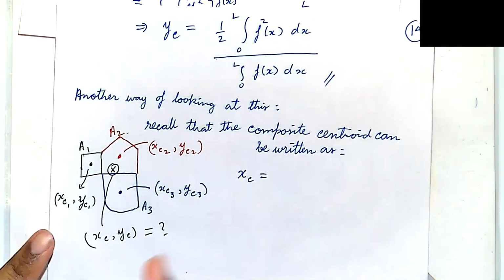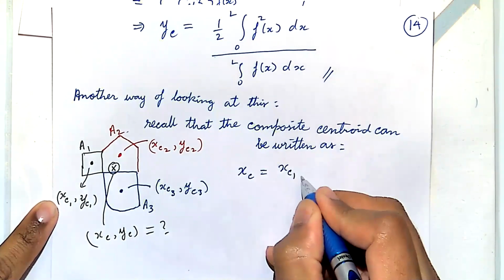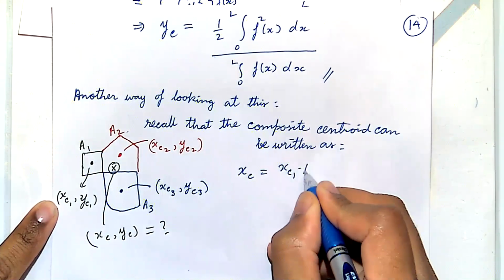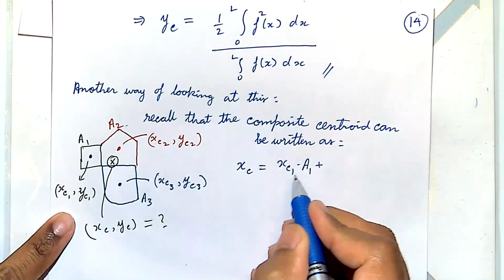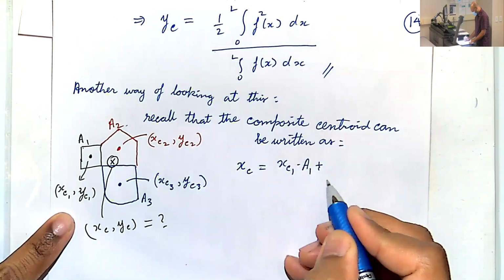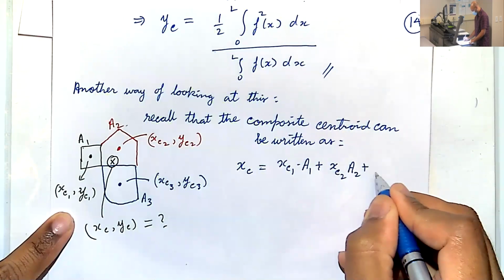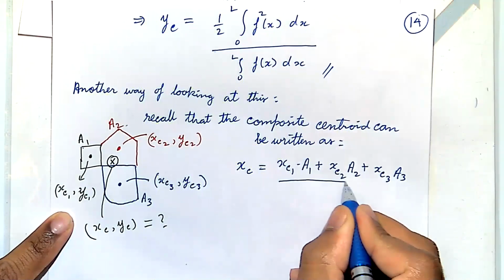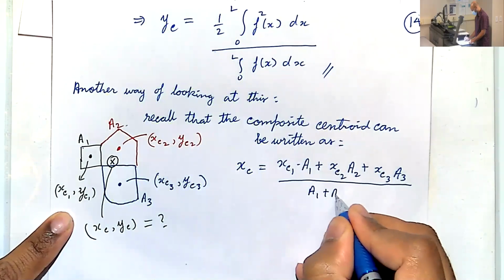So what's the first term we can write? XC1 times area 1, and then the same for the others: XC2 times area 2, plus XC3 times area 3. And divide all of them by 3? No, the total area.